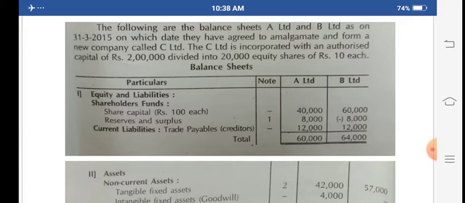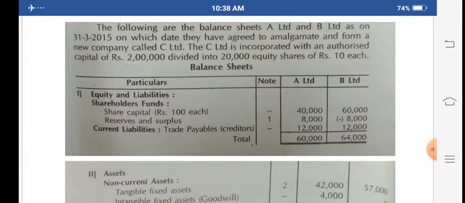One more basic difference is that there are three steps to solve the problem. Which are those three steps? First, calculate the purchase consideration, which is common for both the purchase method and the merger method.